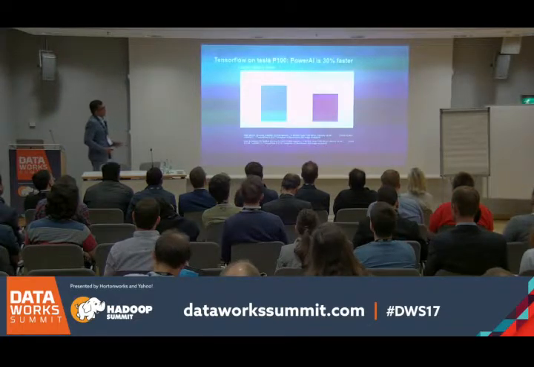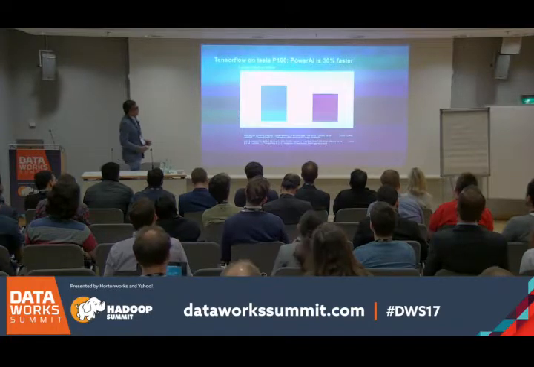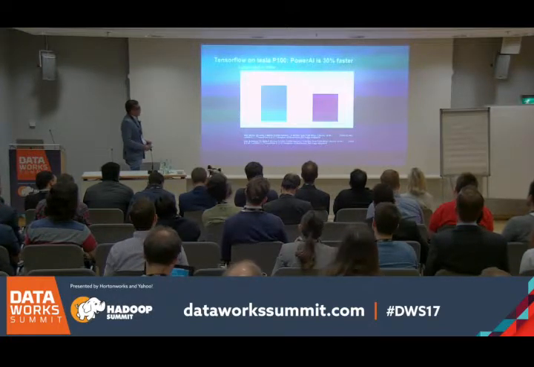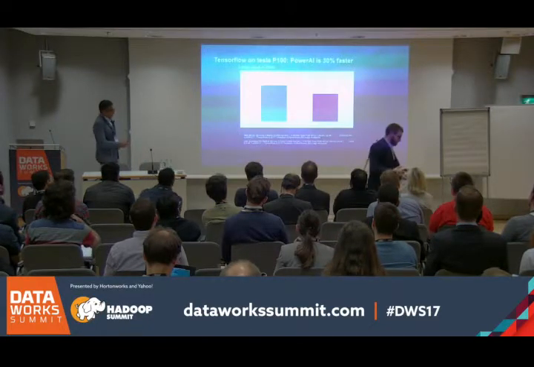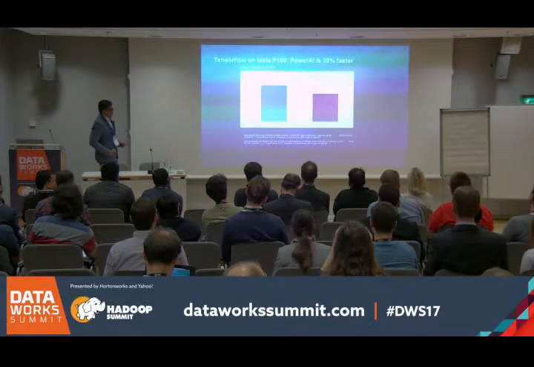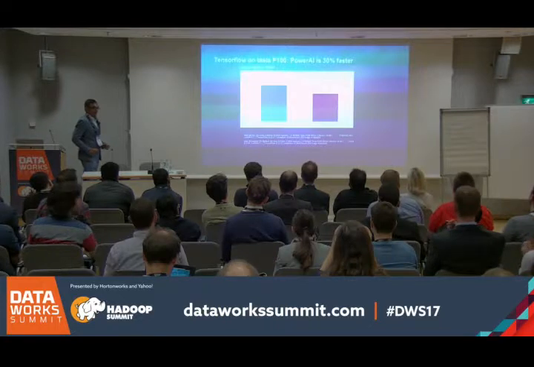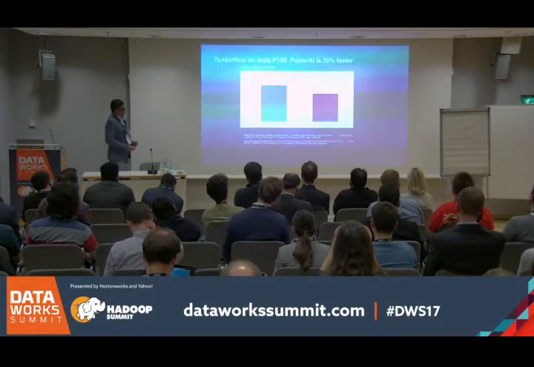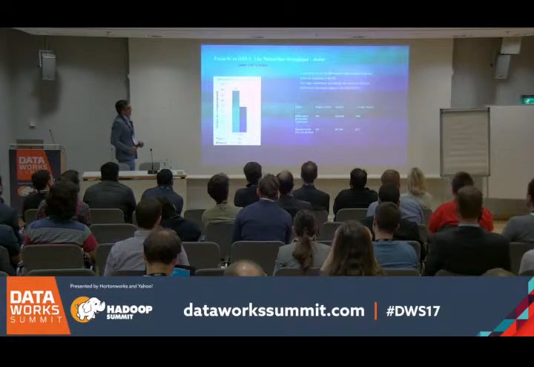We also did a benchmark on top of Power AI and TensorFlow, and we found that in terms of the TensorFlow Inception v3 benchmark, we give about a 30% improvement in processing speed in the training time, measured in number of images processed per second. In terms of price performance, we see a 1.6 times improvement.